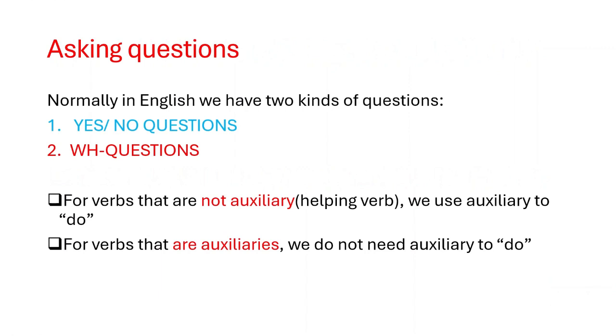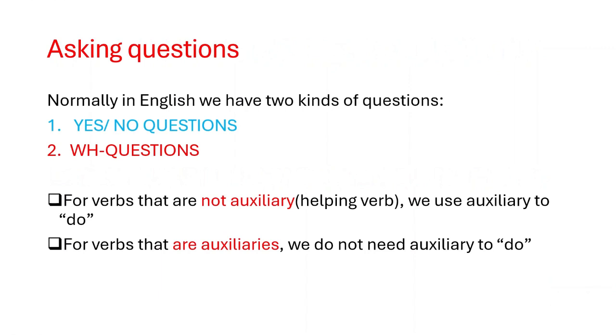Normally, in English, you have two kinds of questions. Number one is yes or no questions. Number two, WH questions. What are the differences between these two questions? Remember that for the verbs that are not auxiliary, when you say auxiliary verbs, they are helping verbs.